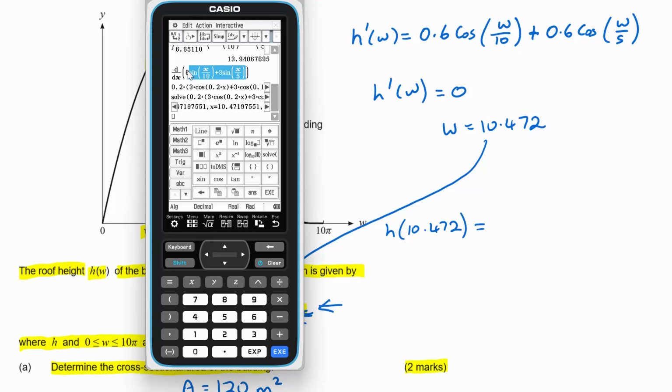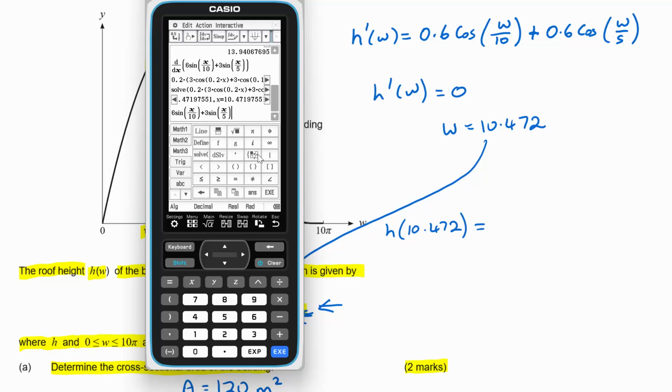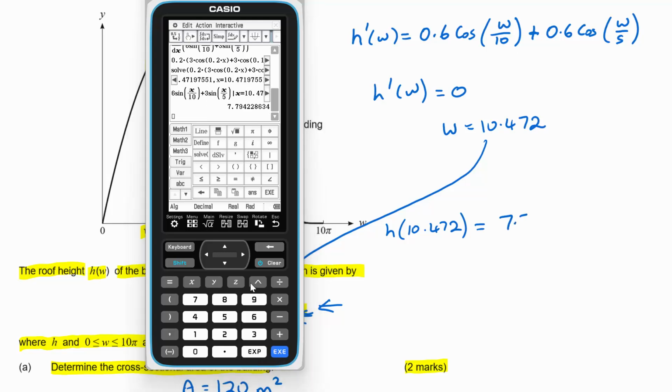Let's just grab it, drag it down to this line here. I'm going to go to math 3, given line, and put x equals, and grab that answer from there and execute, and it says 7.79, and that should be my answer.